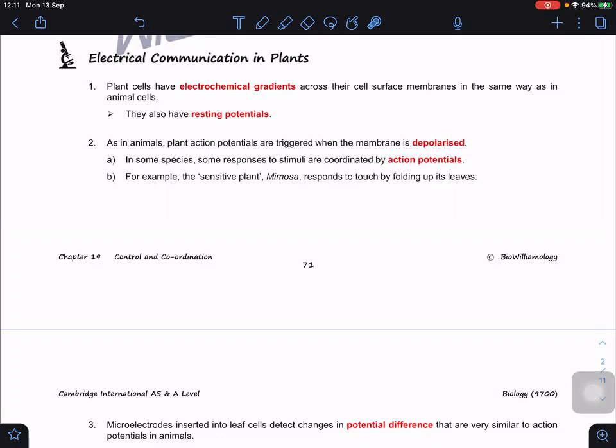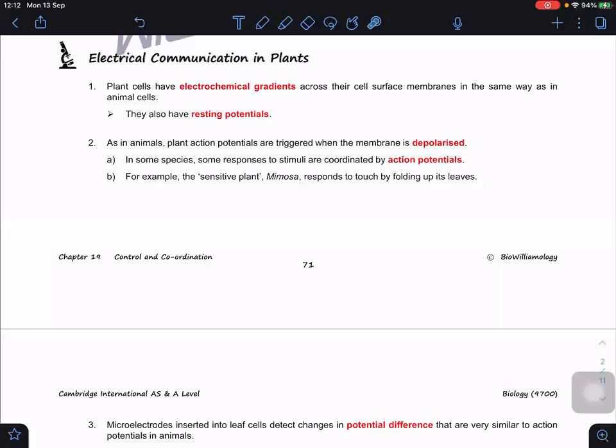As I said previously, when we want to create an action potential, there must be a rapid change in the distribution of charge. For example, in our neurons, internally we have negative charge, externally we have positive charge, and because of the action potential generated, there is a rapid influx of sodium ions into the cells, correct?